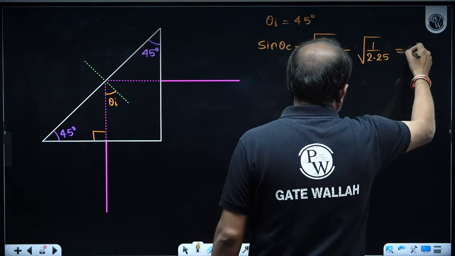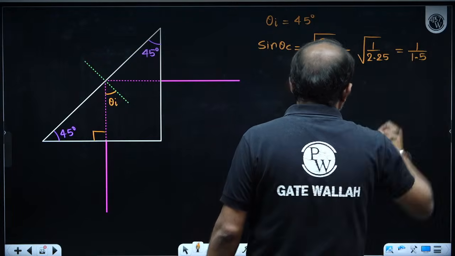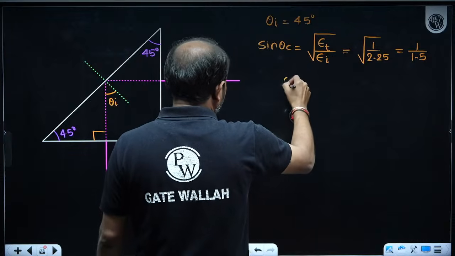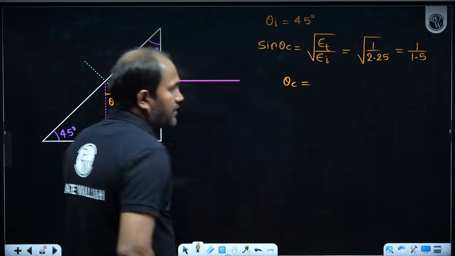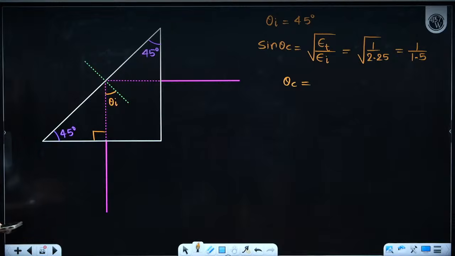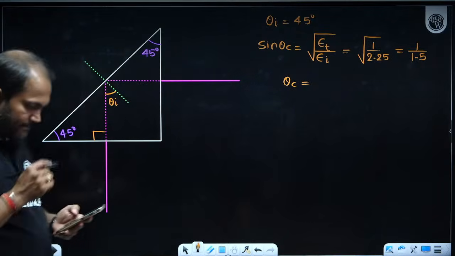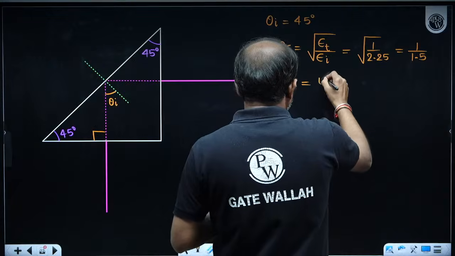So it will be 1 by 1.5, so sine theta C will be 2 divided by 3. So theta C is 41.81 degrees.